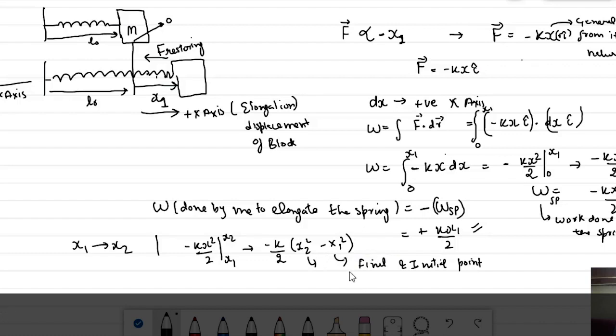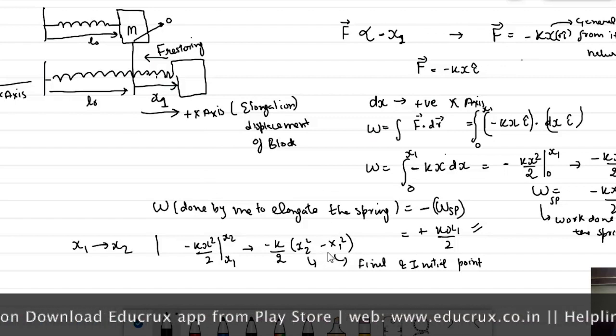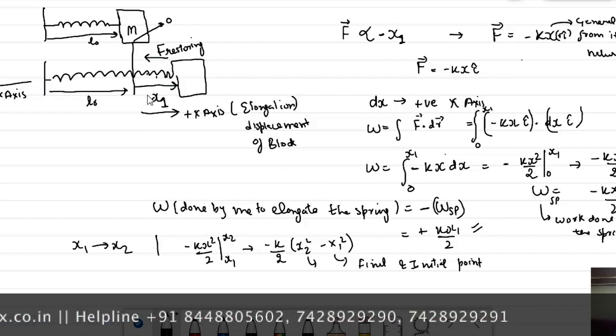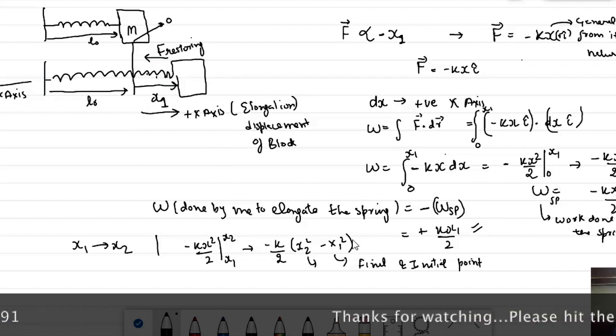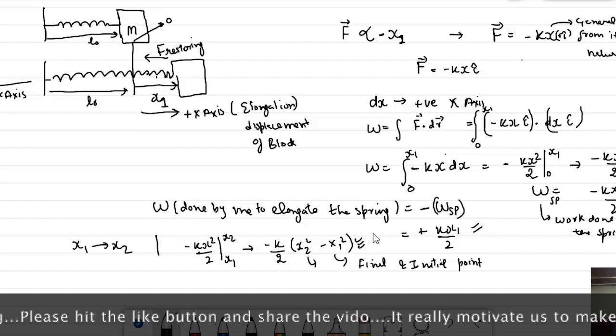So as I change the point, this work done only depends on the final and the initial point. It doesn't depend on the path that the spring takes. So that's one thing to notice.